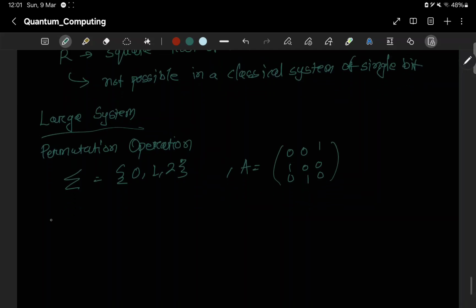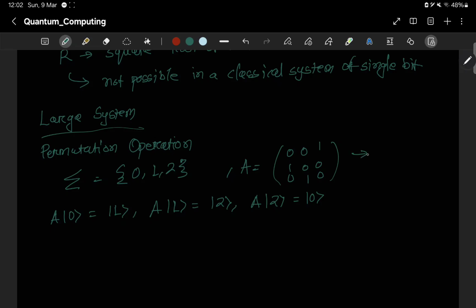What it basically does is take the 0 state to the 1 state, the 1 state to the 2 state, and the 2 state to the 0 state. So it is permuting, rotating the states among themselves.